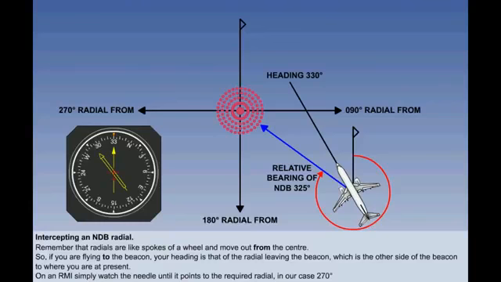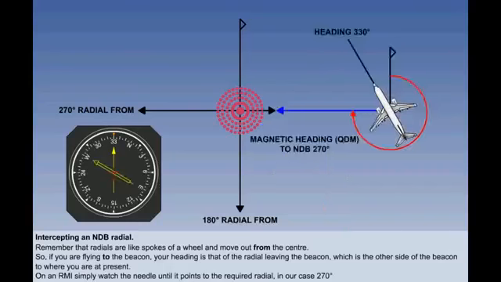But the magnetic heading is shown at 295 degrees, which is the heading to fly from where you are now to the NDB. As you continue your heading of 330 degrees, the relative bearing to the NDB decreases, and the needle falls in the 6 o'clock direction.